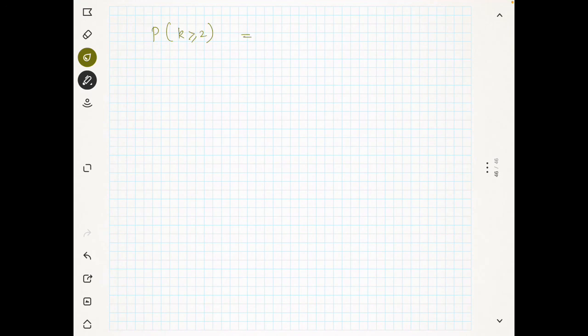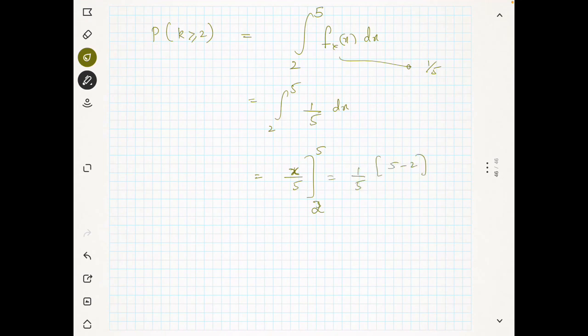This is nothing but you have to integrate the PDF from 2 to 5 of fx of x dx, and fx was 1 by 5. So this becomes x by 5 between the limits 5 and 2, which is 1 by 5 into 5 minus 2, that is 3 by 5.